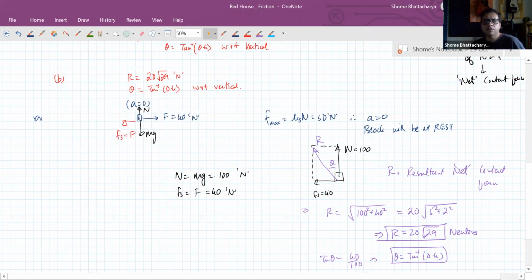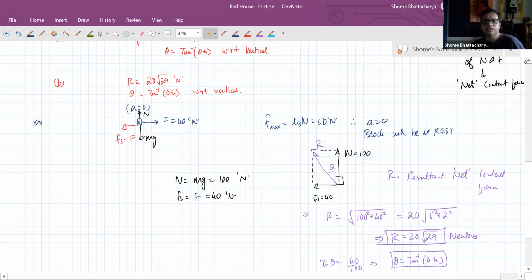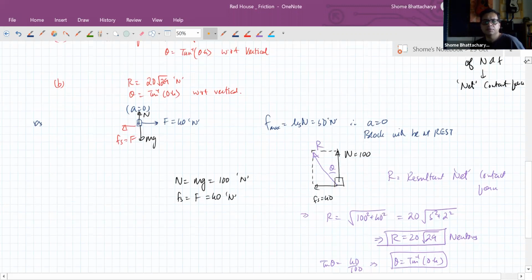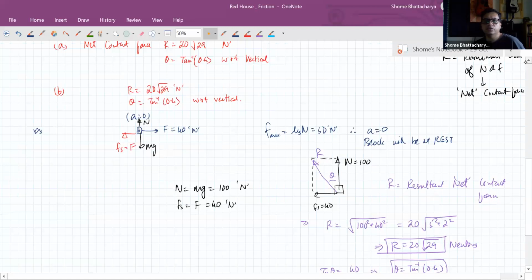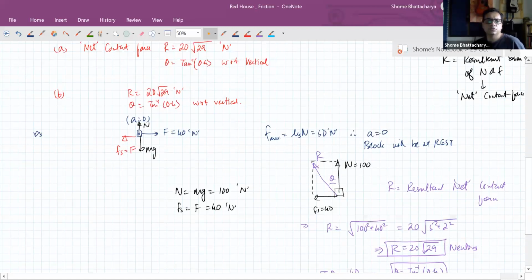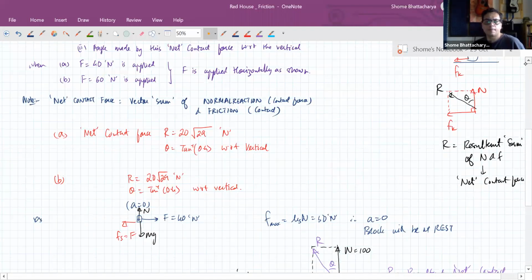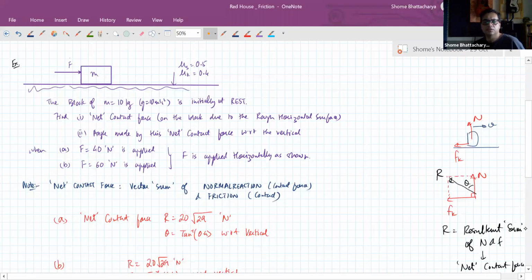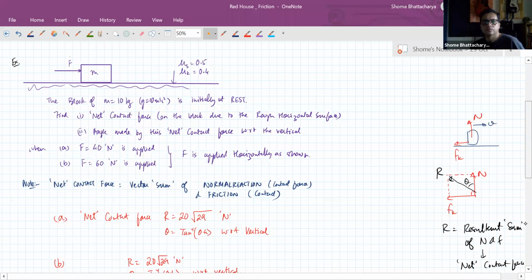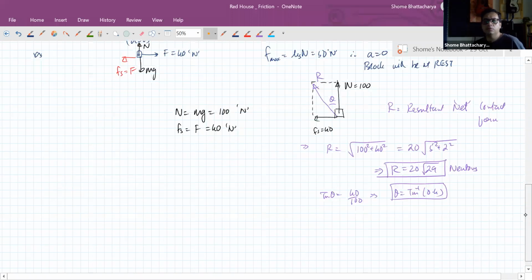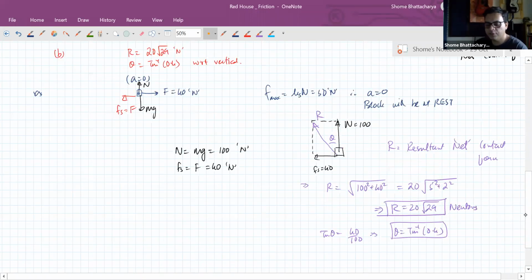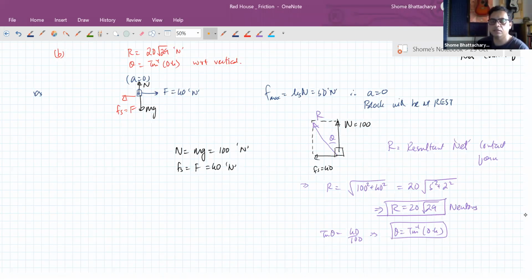As it starts accelerating, the friction becomes kinetic in nature. So it becomes mu k into N, and the coefficient of kinetic friction I had given you in the question was 0.4. So though it might seem a little odd, it's just because the values are such over here. In both cases, the answer is the same for the resultant force and the angle.